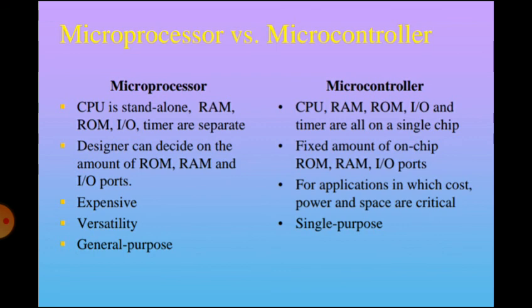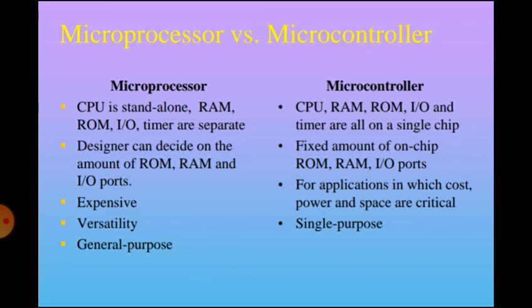In a microcontroller, CPU, RAM, ROM, input output and timer are all on a single chip. That is the basic difference between a microprocessor and a microcontroller. All these elements on a single chip are called a controller.